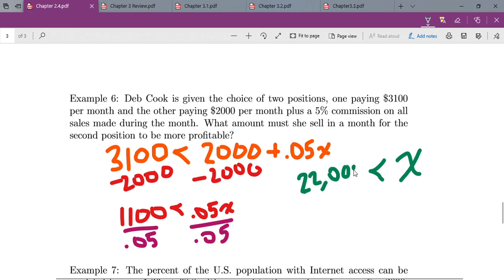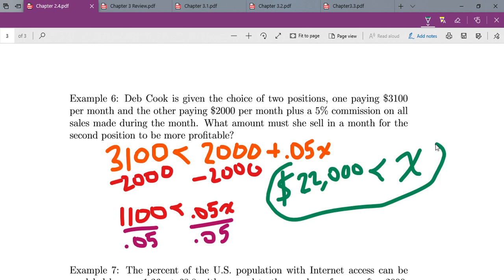So, in order for the second job to pay more, she must sell more than $22,000 in whatever she's selling. It doesn't say what she's selling necessarily in the position, but she needs to sell more than $22,000 of it each month in order to make more at the second job.